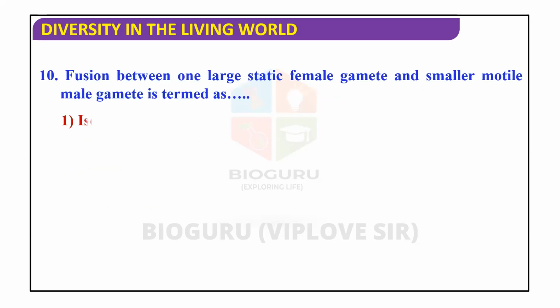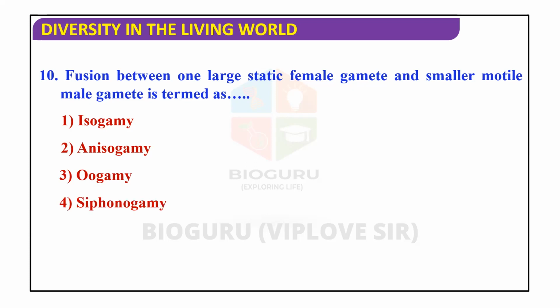So now, fusion between one large static female gamete and smaller motile male gamete is termed as isogamy, anisogamy, oogamy, or siphonogamy. One large static female gamete and smaller motile male gamete.